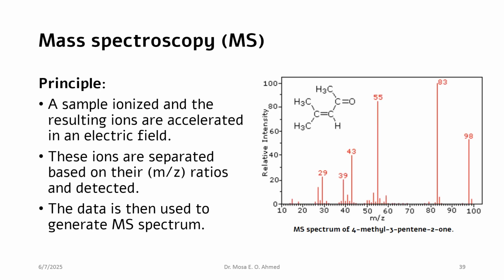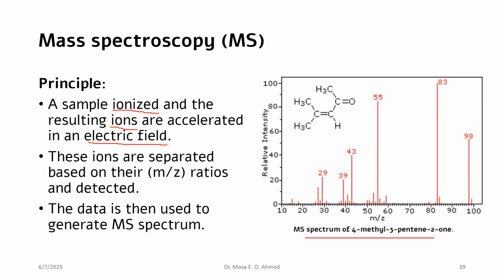The principle of mass spectrometry is that the molecular sample is placed in an electric field. The electric field results in ionization of the sample, producing ions, and each ion has a speed or movement depending on its mass to charge ratio. When plotting the mass to charge ratio against the relative intensity of these ions, we obtain the MS spectrum.